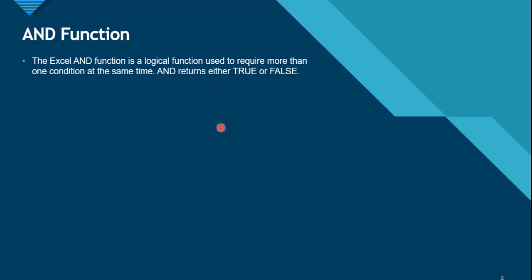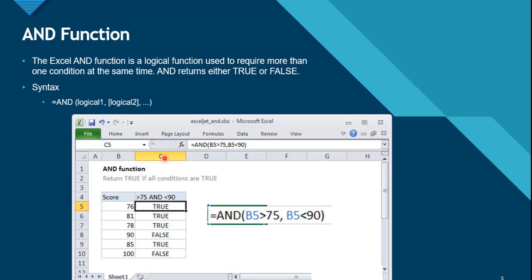It does not return any other result, only true or false. Look at the syntax: logical 1, logical 2. I will tell you later why we need true or false. Just remember that this function shows the result only as true or false.